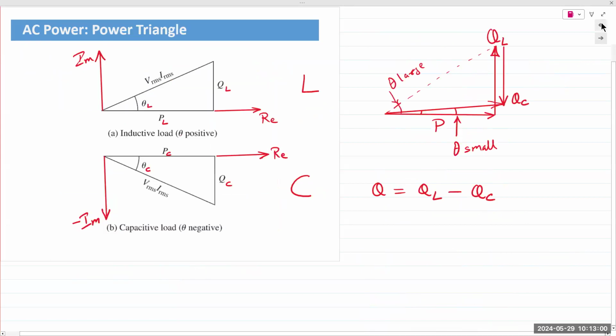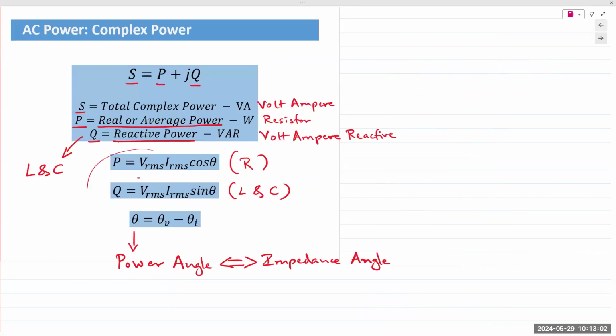And then, of course, we also have these equations where you will need the voltage and the current. And then the phase difference between the voltage and the current would give you the power angle theta. And so you'd be able to determine the power in multiple different ways or multiple different pathways. Which approach you like to take is up to you as an engineer.